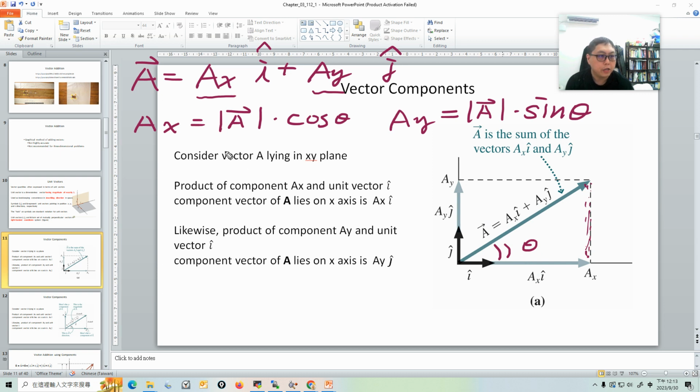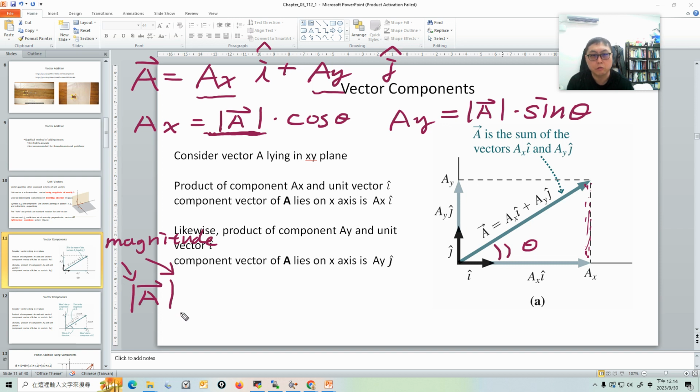And here we need a new definition. What's the magnitude of A? When I use this symbol, it means magnitude.